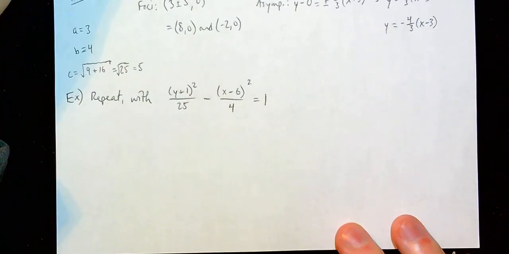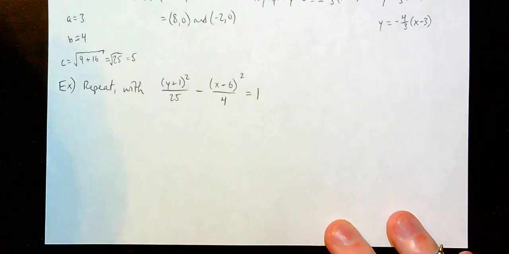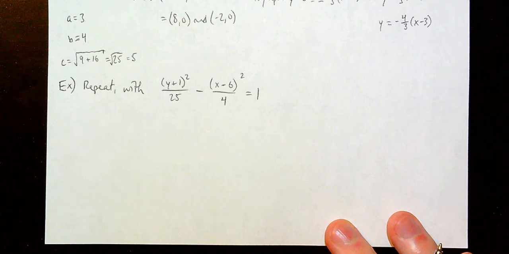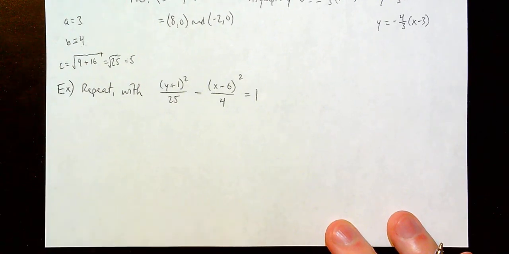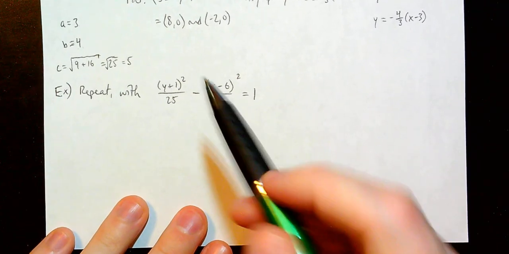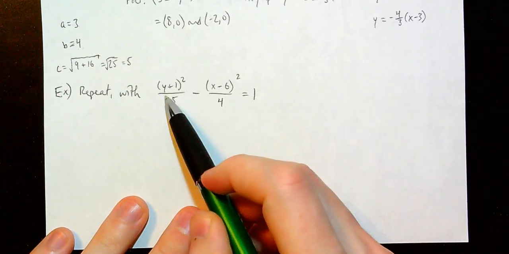Moving on to the next problem, we're going to do the same thing, but in this case, the equation is y plus 1 squared over 25 minus x minus 6 squared over 4, and that's equal to 1. Looking at this one, we see we have the y's being listed first.